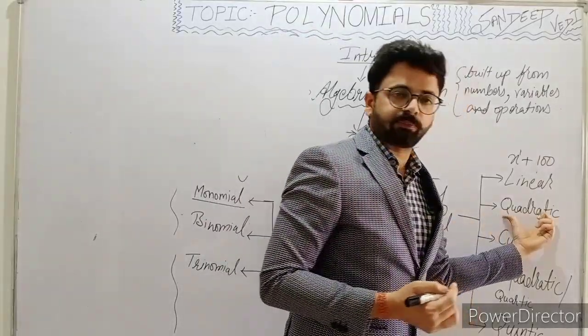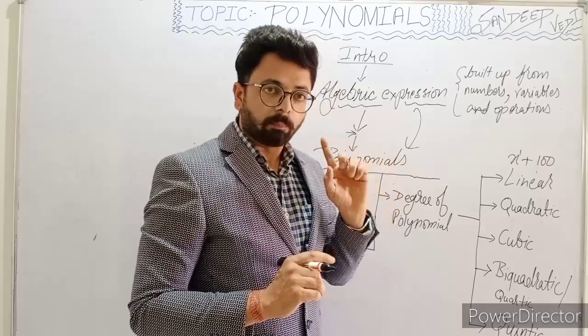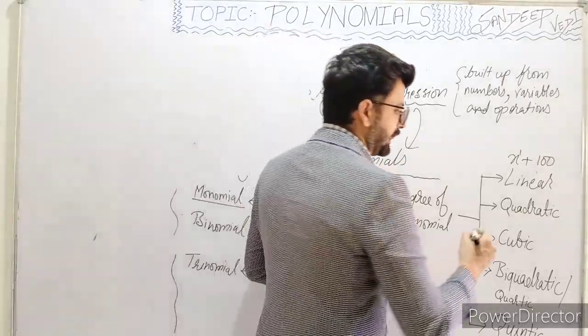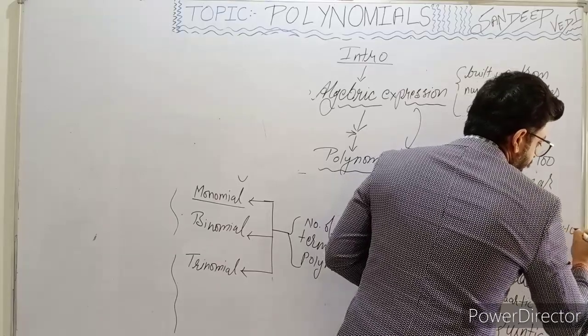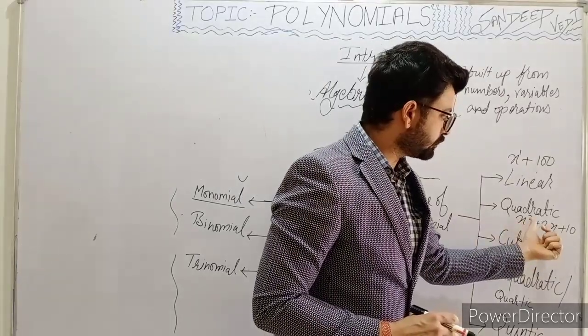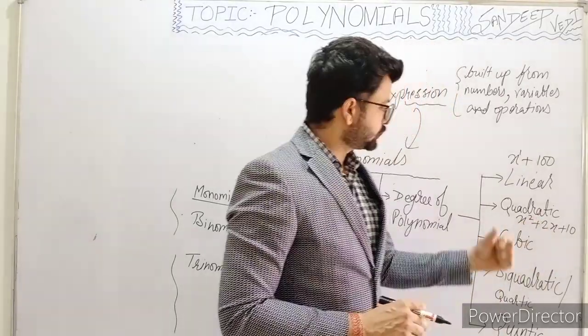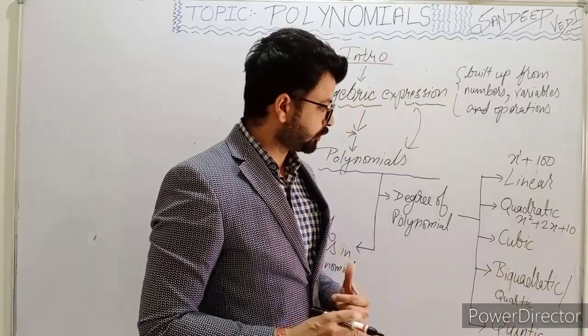And another is the quadratic polynomial, the polynomial whose maximum power of variable is 2, like x square plus 2x plus 10. You see the maximum power of the variable is 2, so this kind of polynomial we call a quadratic polynomial.